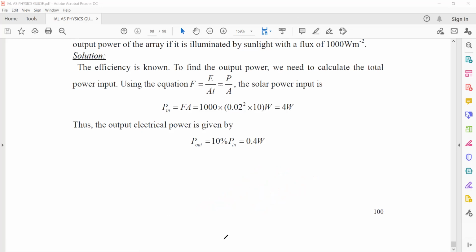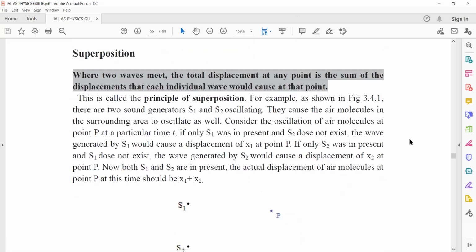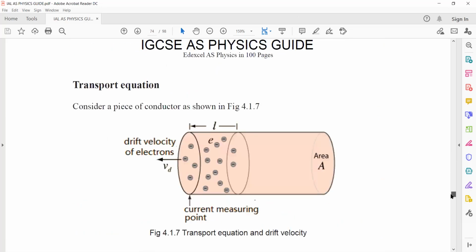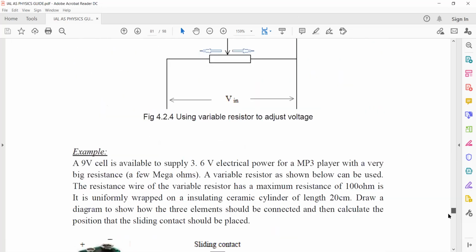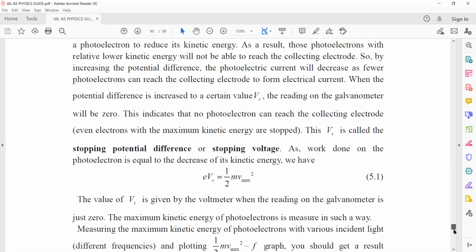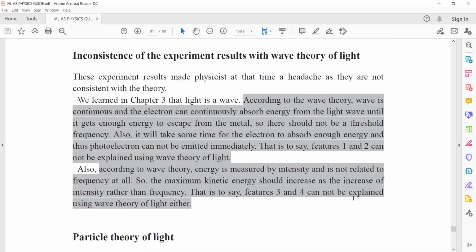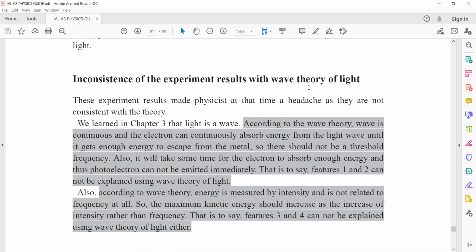So how can wave nature not explain the photoelectric effect, while particle nature can explain it? Consider the inconsistency of the experimental result with the wave theory. According to wave theory, a wave is continuous, and an electron can continuously absorb energy and should come out.